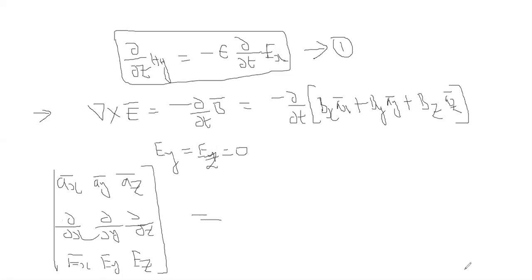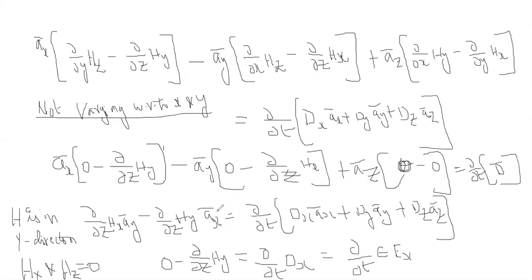Same equation as we had before, but after substituting, instead of the h value, there is an E. Dou by dou z of Ex Ay bar minus dou by dou z of Ey Ax bar.